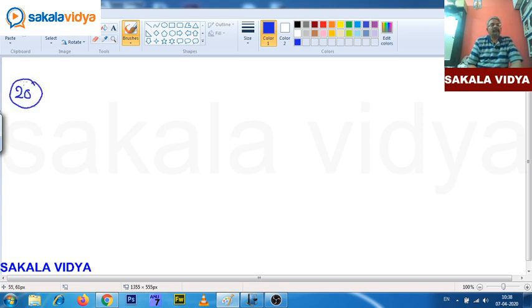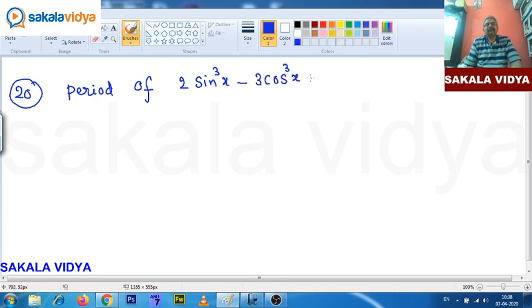Question number 20. The period of 2 sin cube x minus 3 cos cube x is: first option is pi by 2, second option is pi, third option is 2 pi, fourth option is 4 pi.